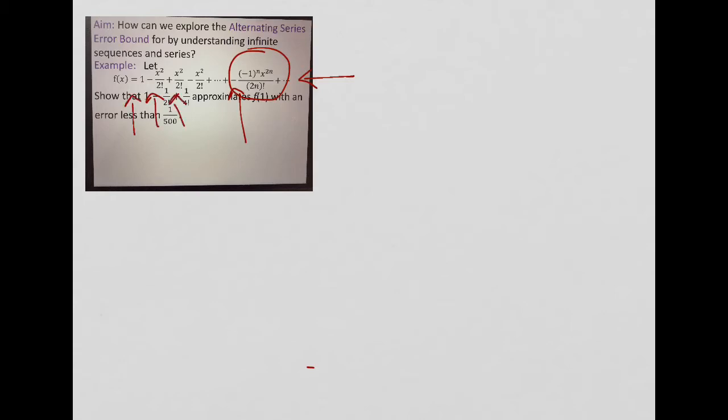It started with a positive, went to negative, went to positive, etc. So it is an alternating series. Okay, and I scribbled all over the questions, so let me erase all this. You're writing it down, and you get to show that 1 minus 1 over 2 factorial plus 1 over 4 factorial approximates f of 1 with an error less than 1 over 500.